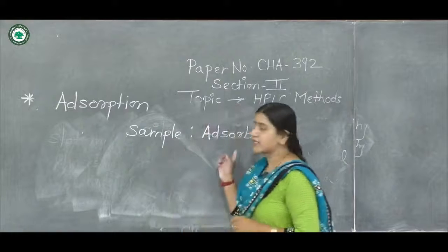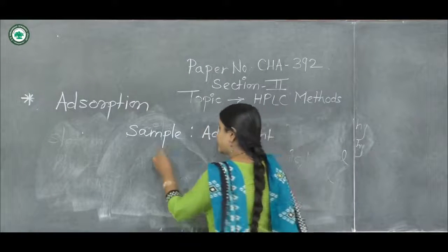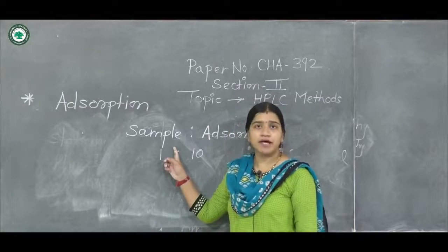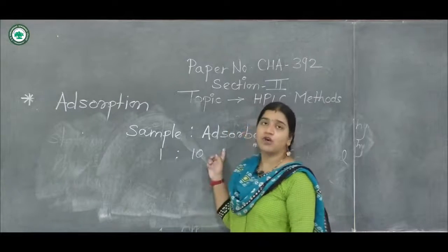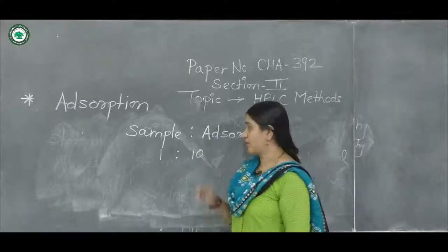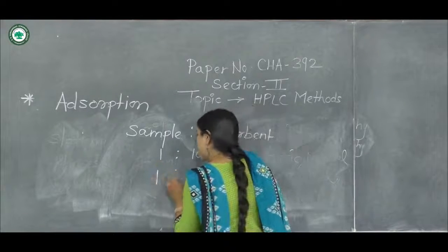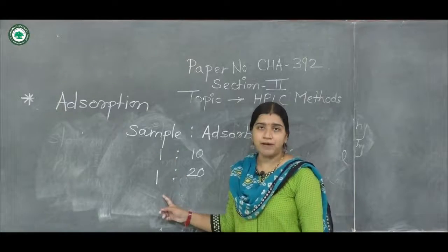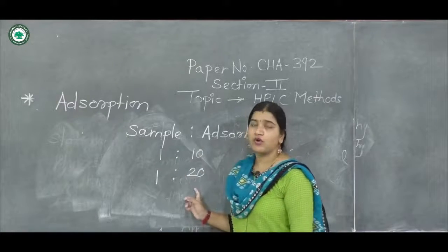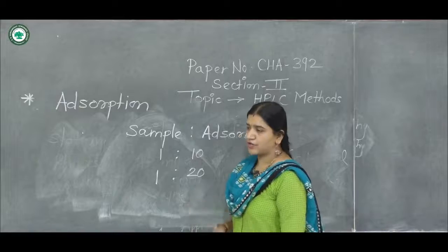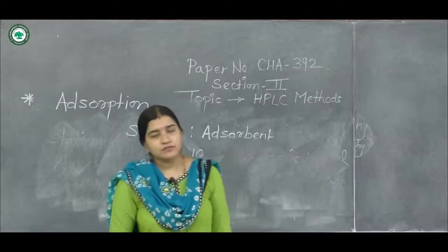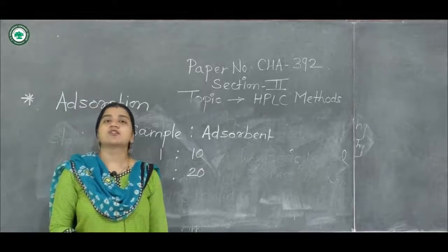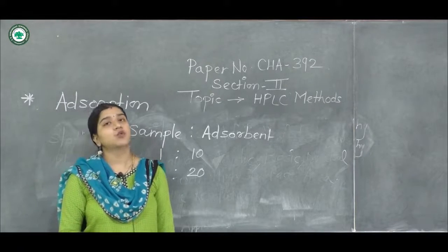That is, if you are using 1 part of a sample, then you will go for 10 parts of the adsorbent, or 1:20, that means if you are using 1 part of a sample, then you will go for 20 parts of the adsorbent.